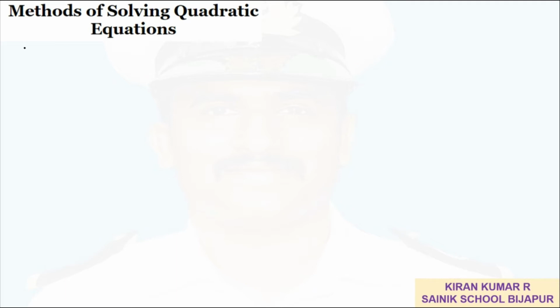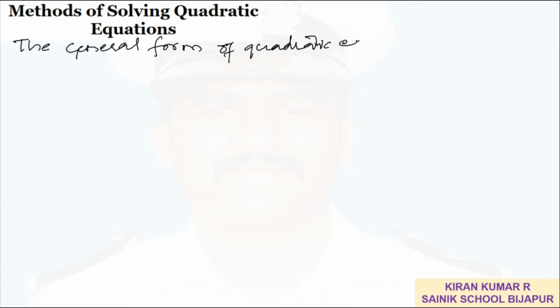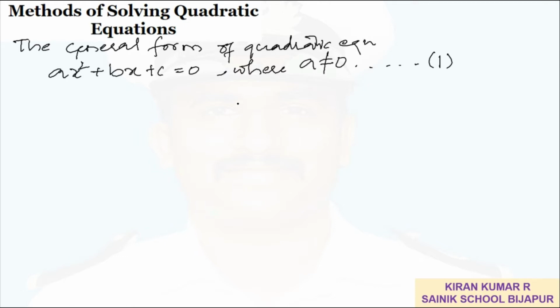Let me consider the general form of quadratic equation ax square plus bx plus c equal to 0, where a is not equal to 0. This is the equation for which I need to find roots or solution.